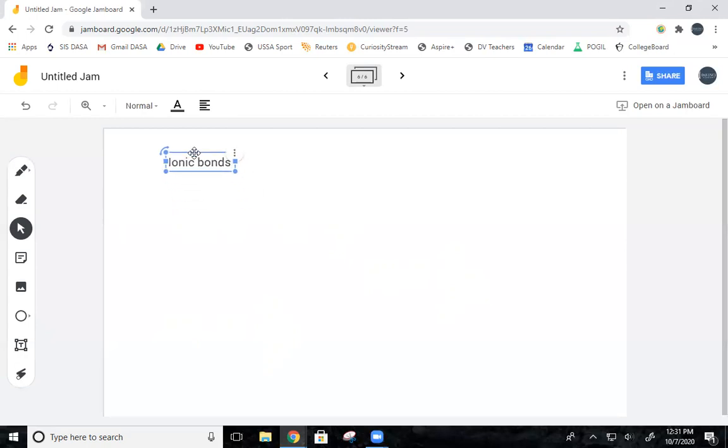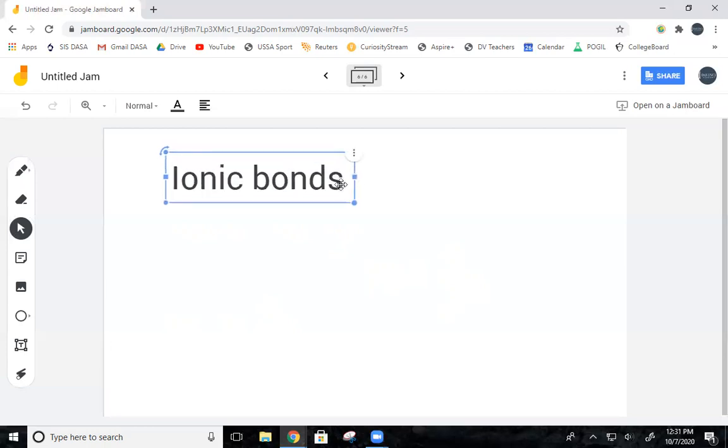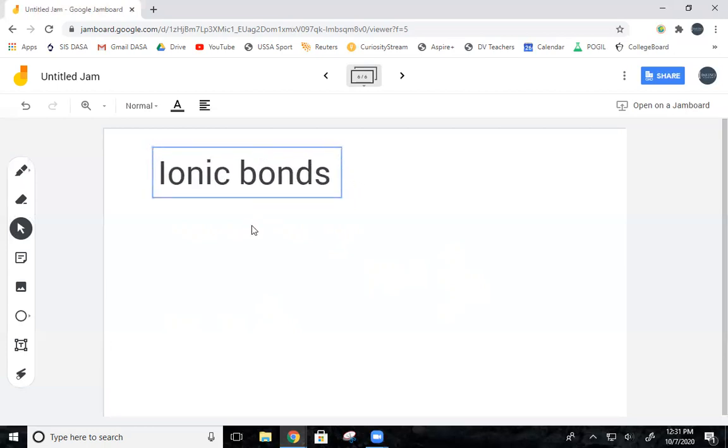What is Coulomb's law again? Force equals K times Q1 times Q2 divided by distance squared, where Q1 and Q2 are particles.